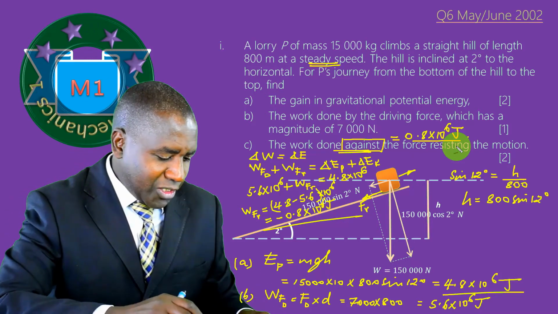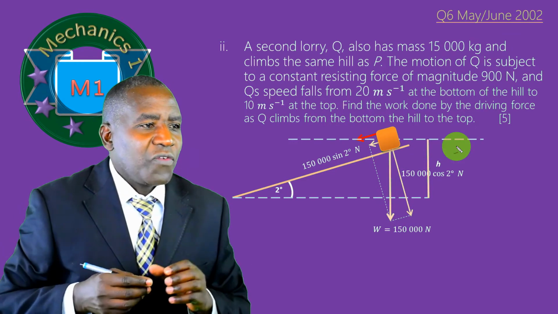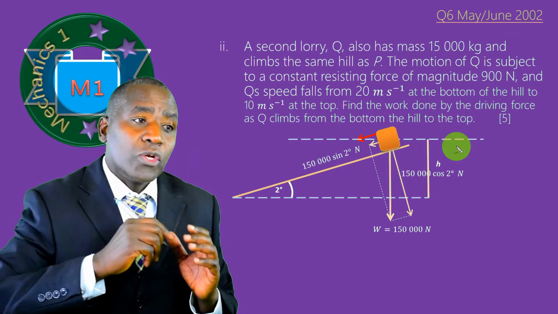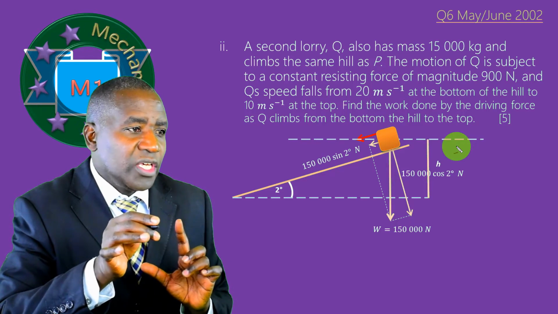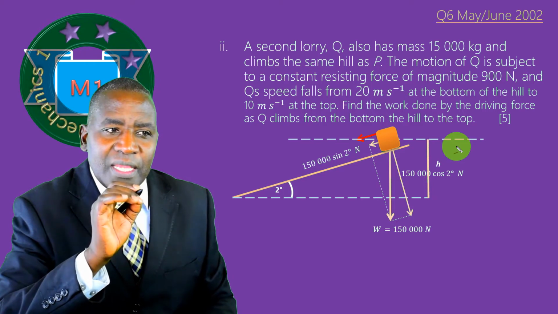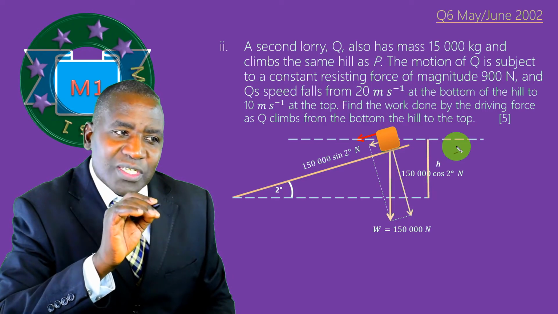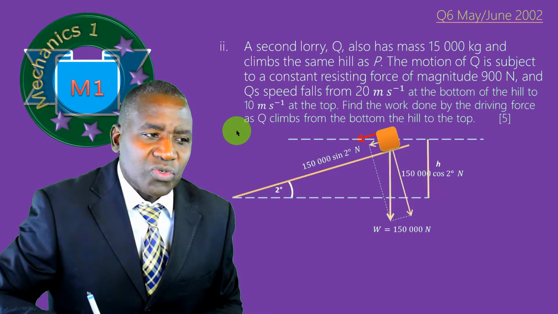Let's go to part 2 of the same question. So in part 2 of the same question, you are told that a second lorry Q also has the same mass of 1500 kg and climbs the same hill as P. The motion of Q is subject to a constant resisting force of magnitude 900 newtons.